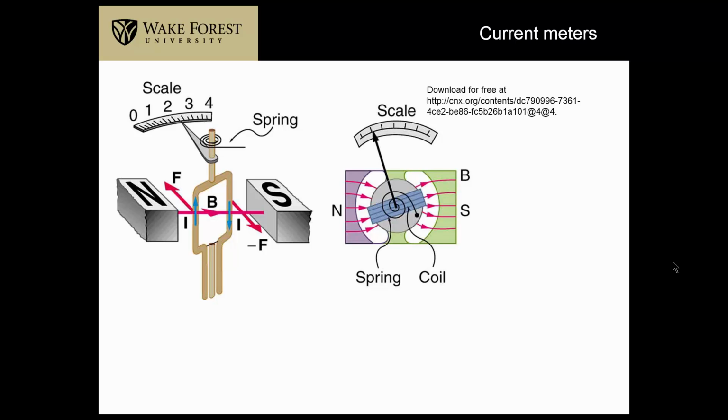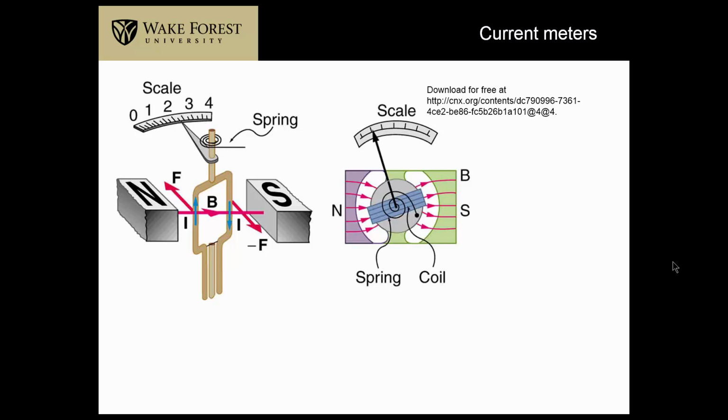Of course, the restoring torque, that's a torsional spring, will be proportional to the amount of twist that the loop experiences. And so in this case, the more current we apply, the more torque we get from the magnetic field, and the further we will have to rotate before we reach equilibrium with that torsional spring as shown in this figure.